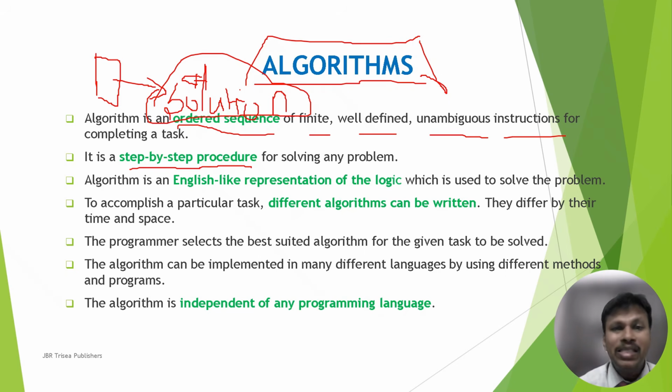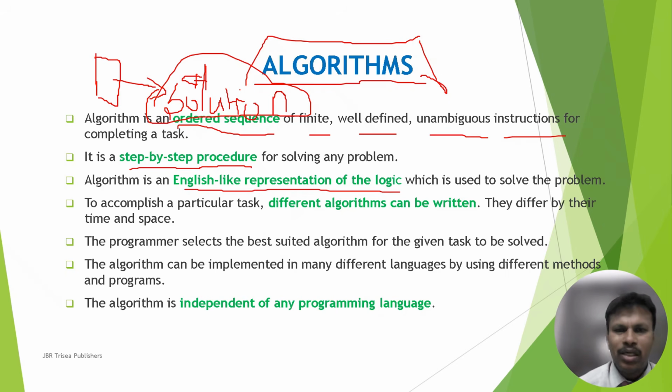So it's a step-by-step procedure. What is the step-by-step procedure? What are the steps the programmer needs to follow to find the solution? That is called the step-by-step procedure, and that is what we have mentioned in the algorithm. Here you can see another point, an English-like representation of the logic.